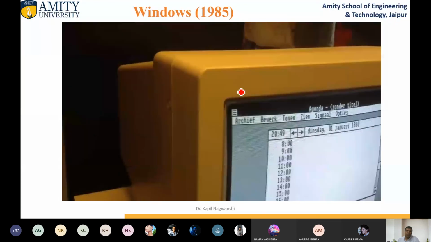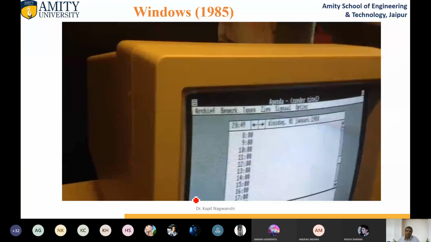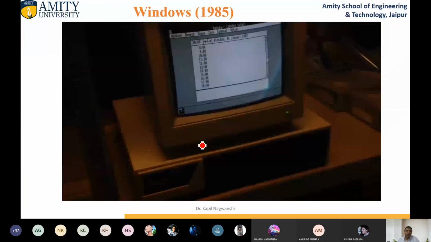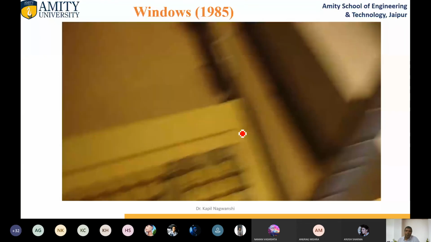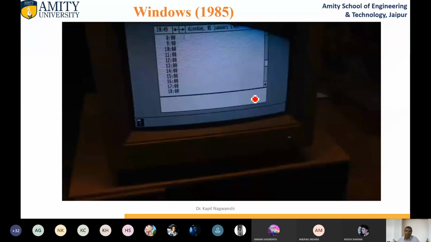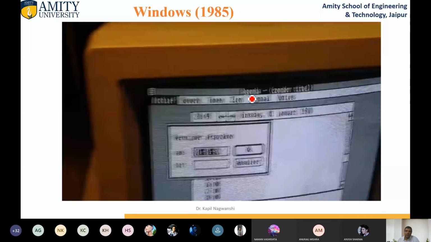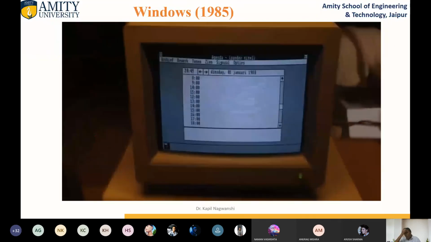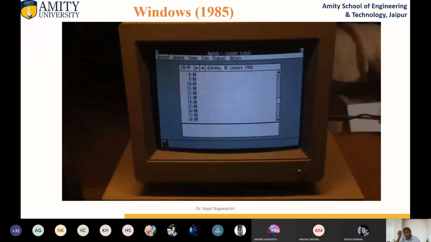So this was an earlier stage of operating systems, the earlier stage of graphical user-based operating systems. The keyboard is quite similar. This is in a different language, I think, but you can enjoy the graphical user interface also.